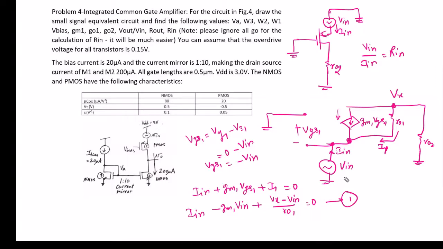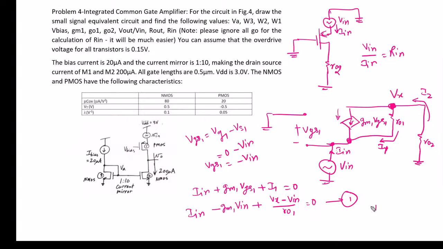Now let's say the current across RO2 is flowing in this direction. So what we can see is this I2 will be equal to I in. Why? If we apply KCL at this node, you can see this I2 is incoming current and GM1 VGS1 and I1 are outgoing current. So let's apply KCL at this point.